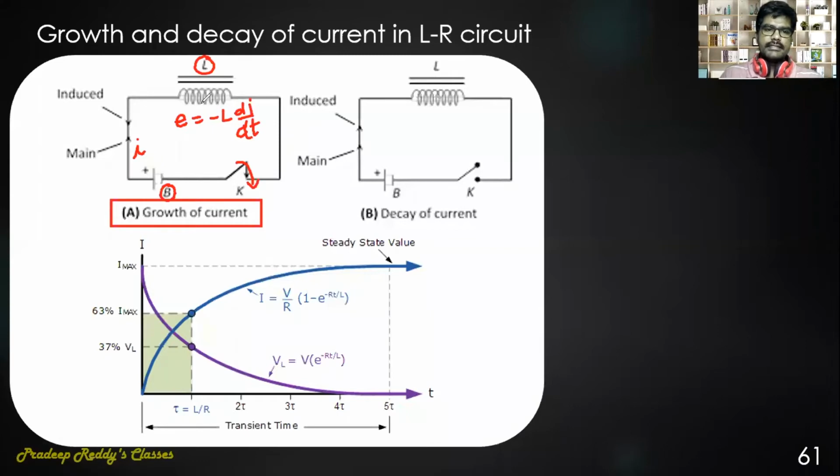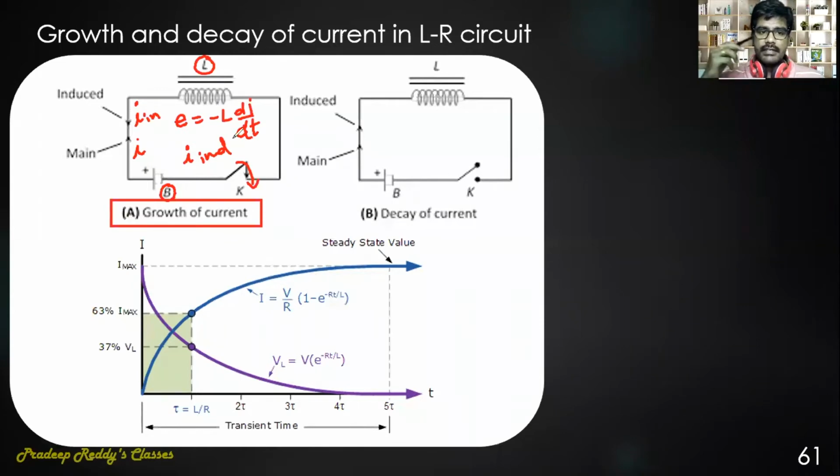This induced EMF will produce an induced current in the circuit, and that induced current is in the opposite direction to that of the actual current. So the induced current is I N, opposite to the actual current passing in the circuit.